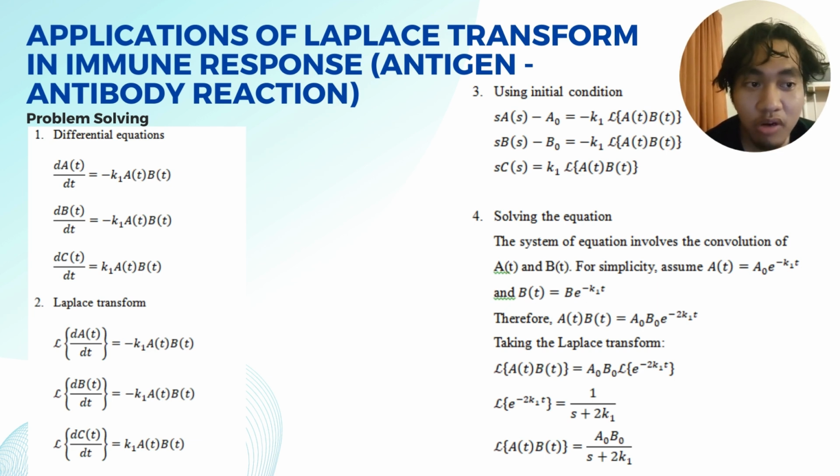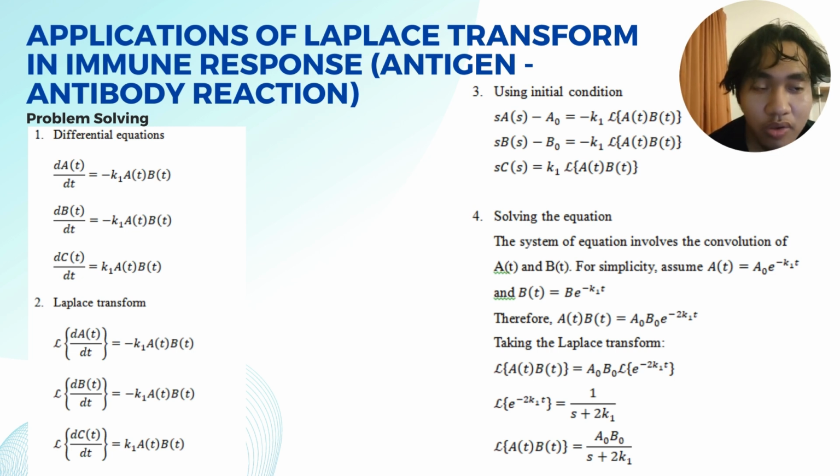The system of equations involves the convolution of A(t) and B(t). For simplicity, assume A(t) equal to A0 e^(-k1 t) and B(t) equal to B0 e^(-k1 t). Therefore, A(t)B(t) equals A0 B0 e^(-2k1 t).